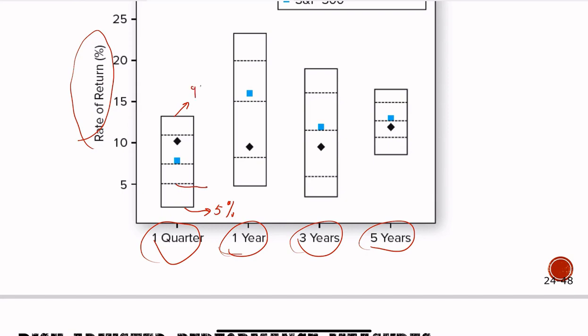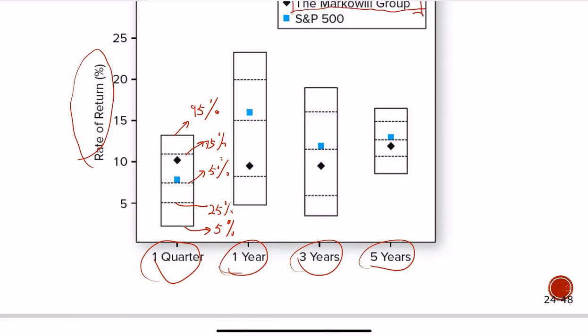This is the top 95th percentile. This, I think, is the 75th percentile. And this one should be the 25th percentile. And this is the median, the 50th percentile. Right?